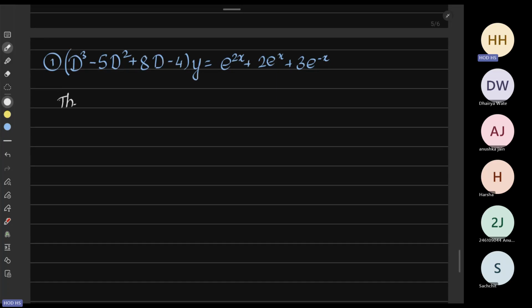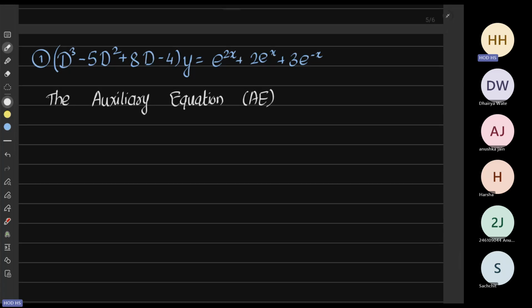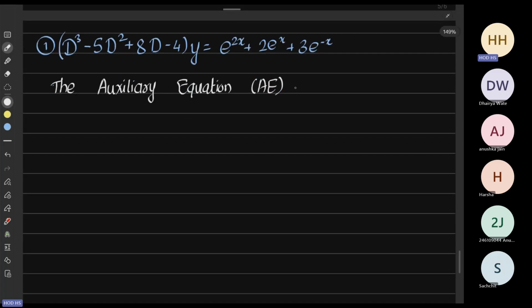From now onwards, I will be using AE as the short form for auxiliary equation. So the auxiliary equation for the above differential equation is m cube minus 5m square plus 8m minus 4 is equal to 0, replacing D by m.